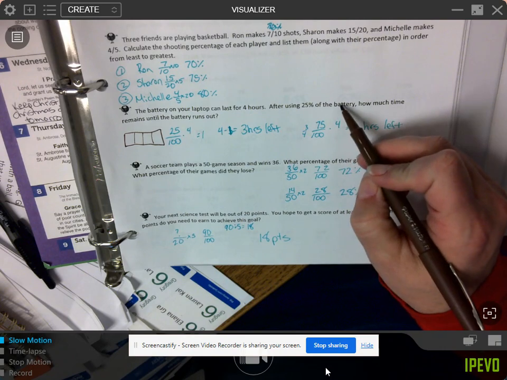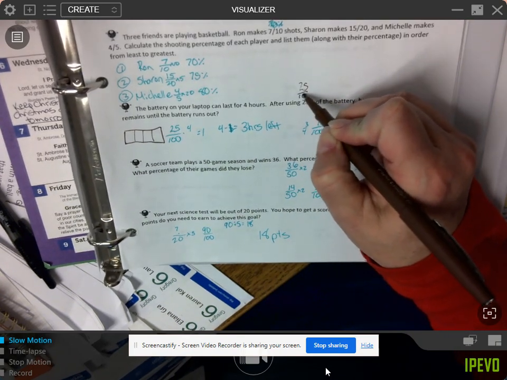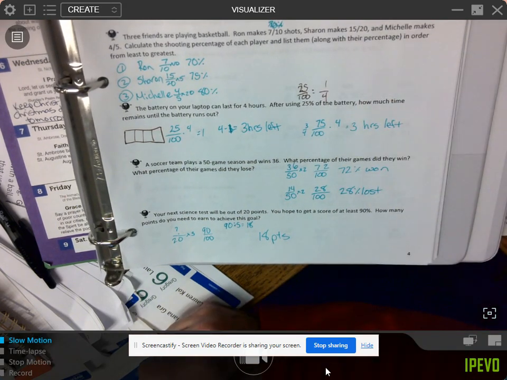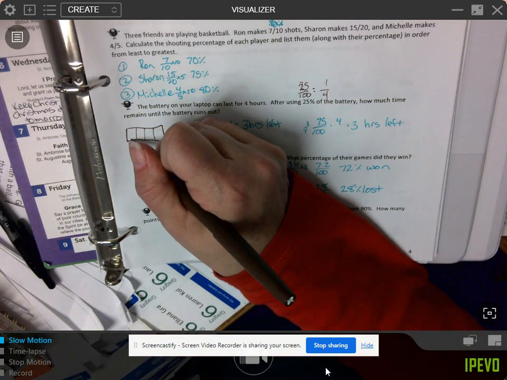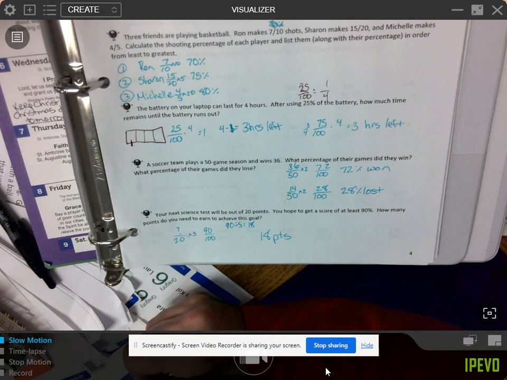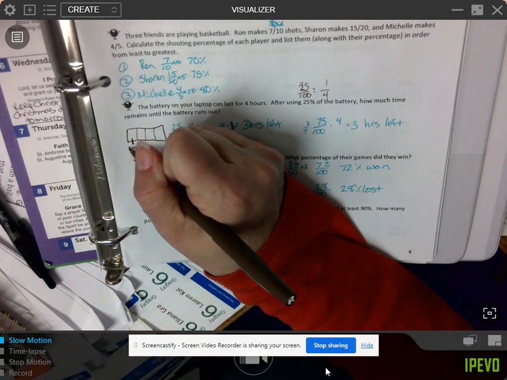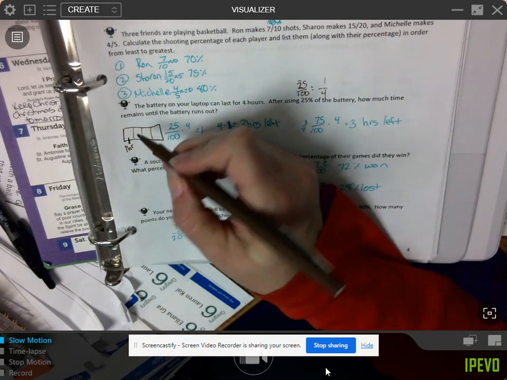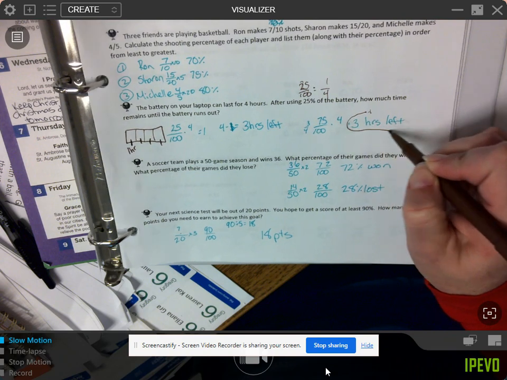Using 25% of the battery, 25% is 25 hundredths, which is 1/4. So 25% is 1/4. So that's one of those sections of the battery. The question is how much time remains? So 1 hour is 25% of battery. So then each of these sections is an hour. So that's 1, 2, 3 hours. So we had 3 hours left.